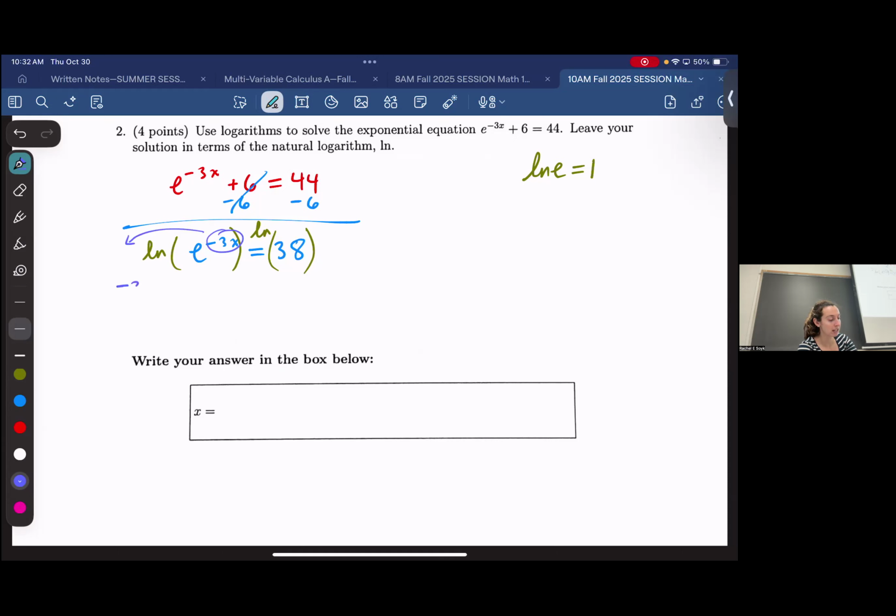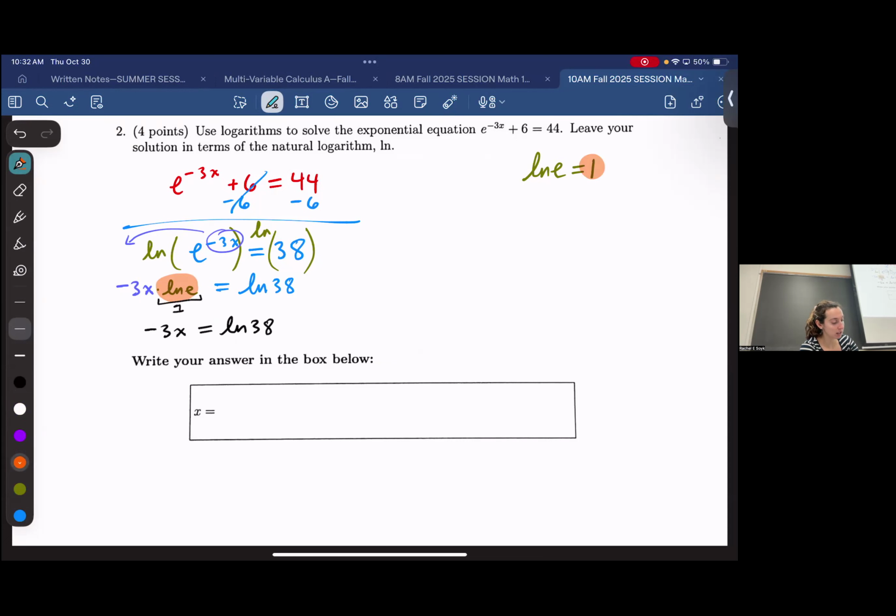So we're looking at -3x times our ln of e is equal to ln of 38. We know that our natural log of e is just 1. So we get -3x times 1, which is just -3x, is equal to natural log of 38.